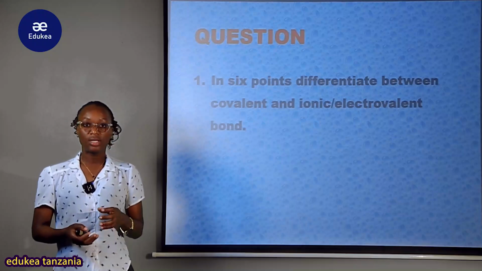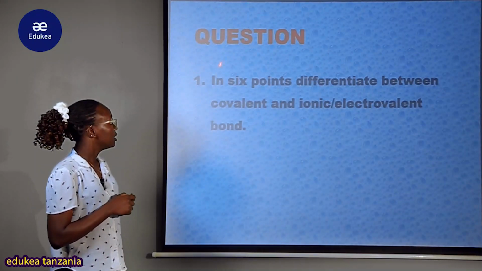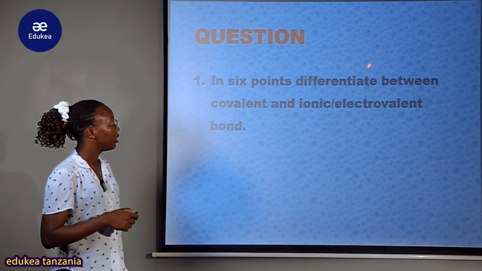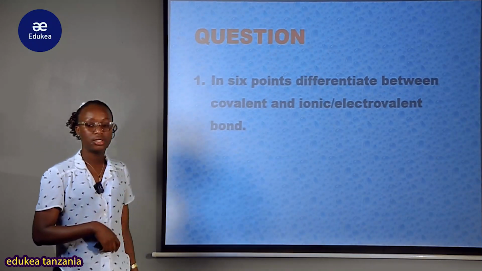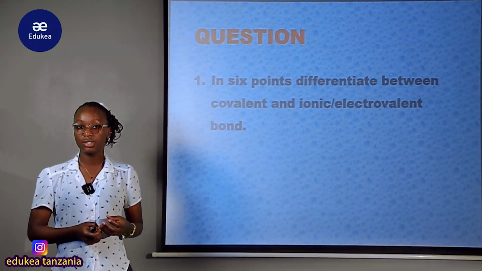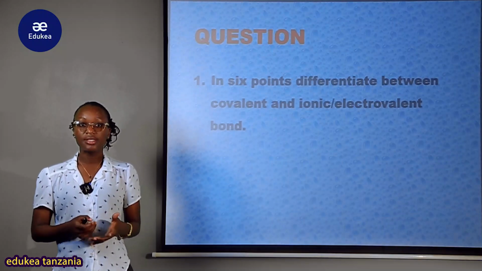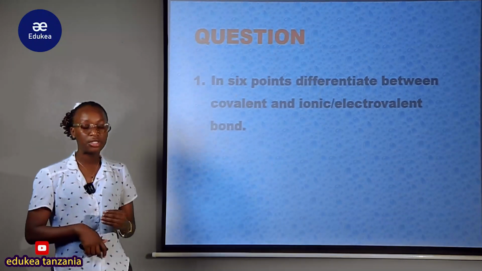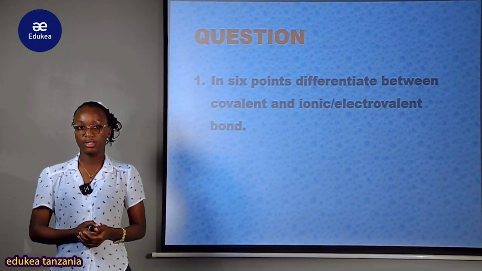So let us see what the question needs. The question states: in 6 points, differentiate between covalent and ionic or electrovalent bond. In 6 points, most of the questions tend to direct you, tend to guide you. So this question limits you to give 6 points.